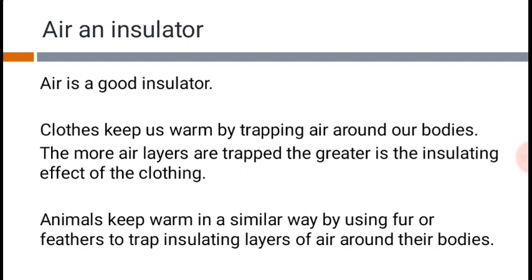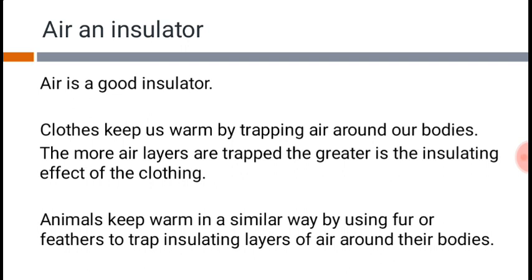Maintaining body temperature is very, very important. Otherwise it can be even fatal. It can even lead to sudden death, because body temperature has to be at normal levels.